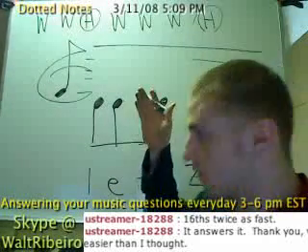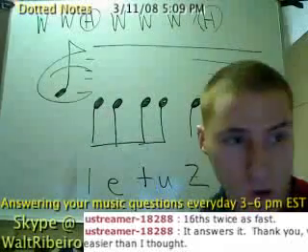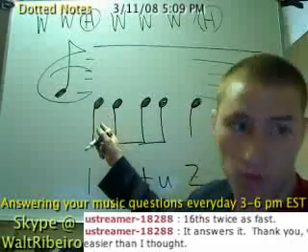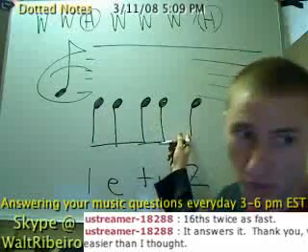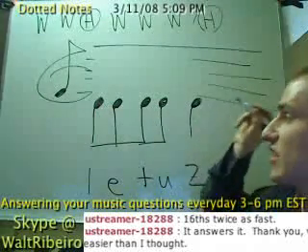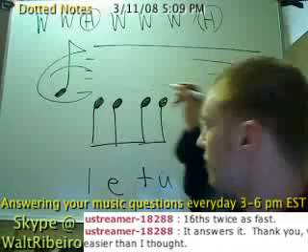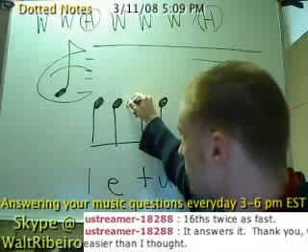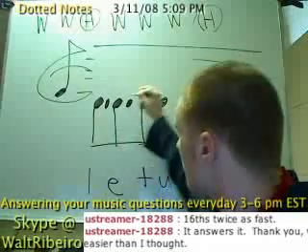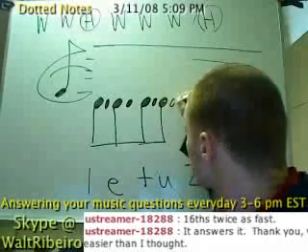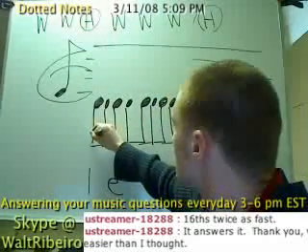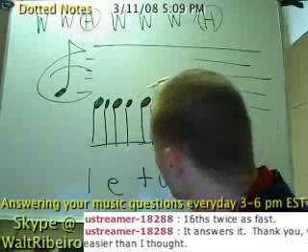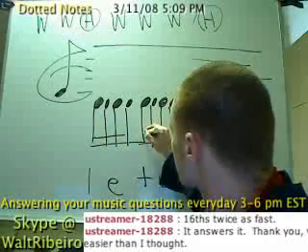So before what we had was 1, 2. Then we had 1 and 2. Now we have 1 e and a 2. And so if I were to stretch that even further, you'd put more notes in the middle of everything and make them 32nd notes.